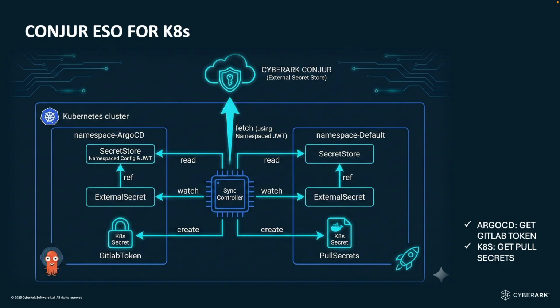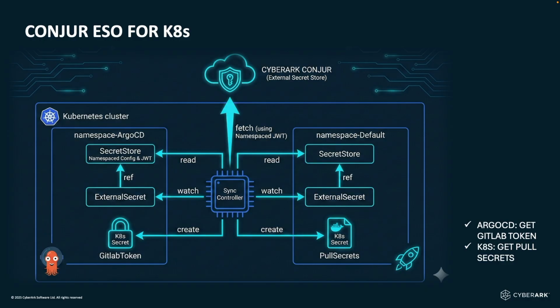Normally, inside the Kubernetes environment, we have the ESO controller. We keep monitoring the namespace secret, the external secret object in each of the namespaces. And it will get the information from the configuration like Conjur URL, JWT, and so on.